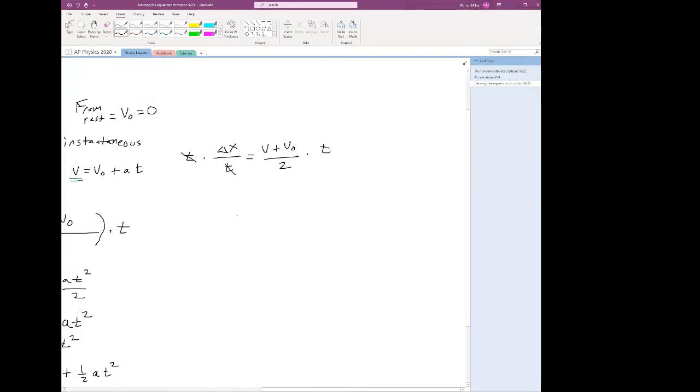So I can write my change in position delta x is equal to v plus v naught over 2 times t. And if I want to make it even simpler, I might write this as 2 times delta x is equal to v plus v naught times t. Nice flat equation, don't have to deal with fractions at the moment.